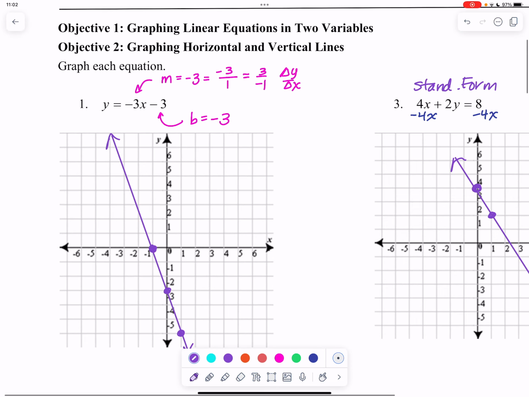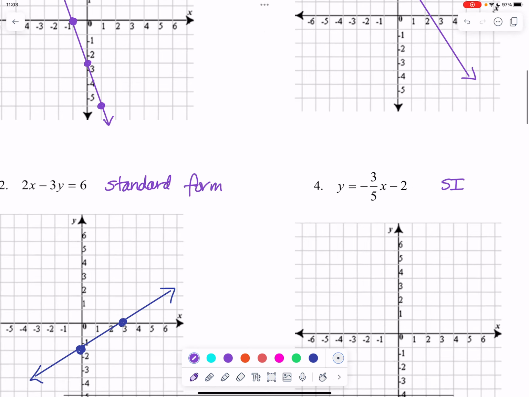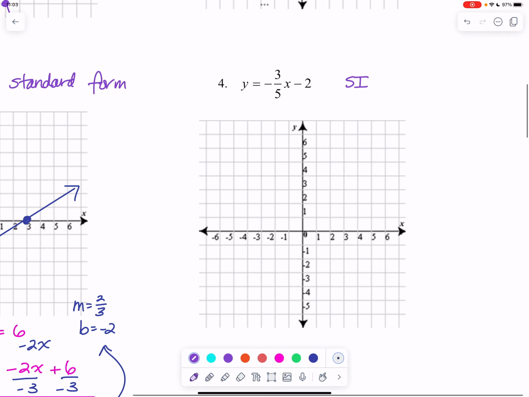We were in slope-intercept form here in number 1, and we were in standard form in number 2. So if we are in slope-intercept form here, we notice that we have a slope of -3/5, and we can have -3 divided by 5, and we have a y-intercept of -2.